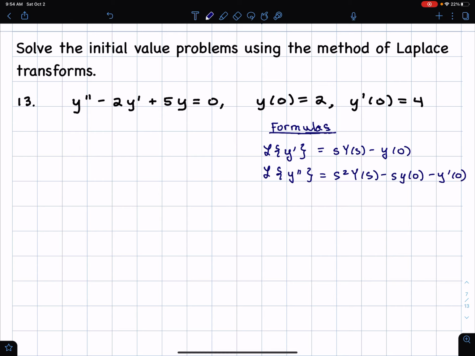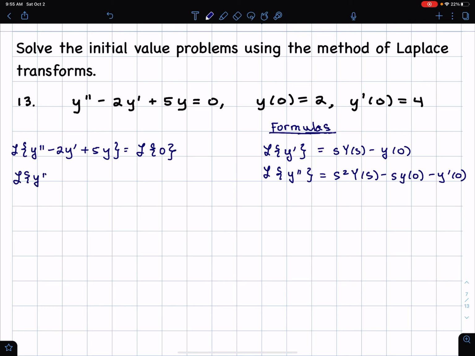So we'll start off with those formulas and apply the Laplace transform to this equation here. And as we go, just try to pay attention, not make a mistake anywhere.